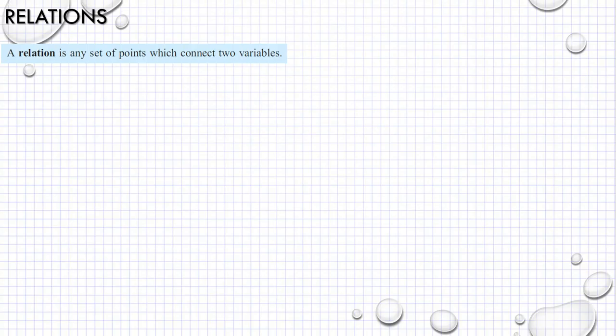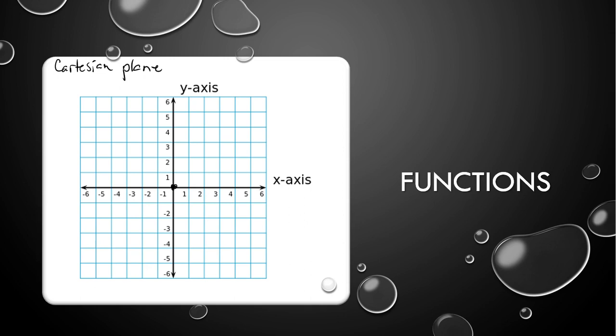define relation first. A relation is any set of points which connect two variables. So we need two variables, and you can see here we have a variable x and a variable y. And when we have two variables, then we have a pair of numbers, and we call it a point.